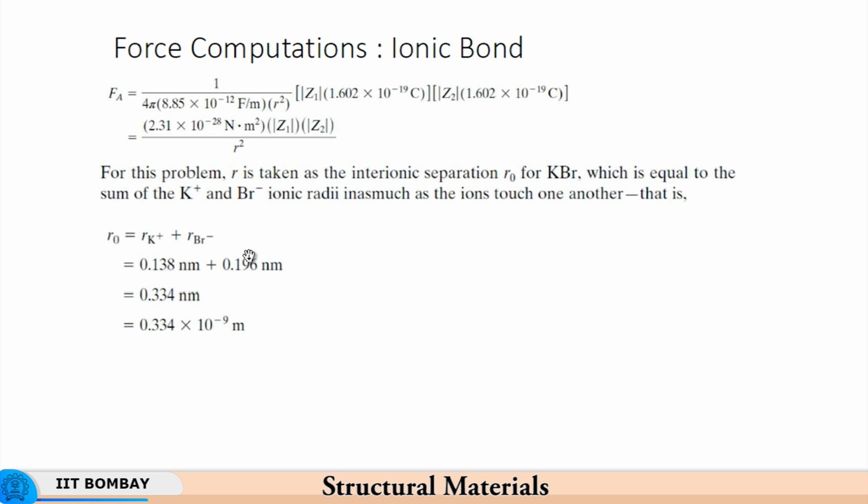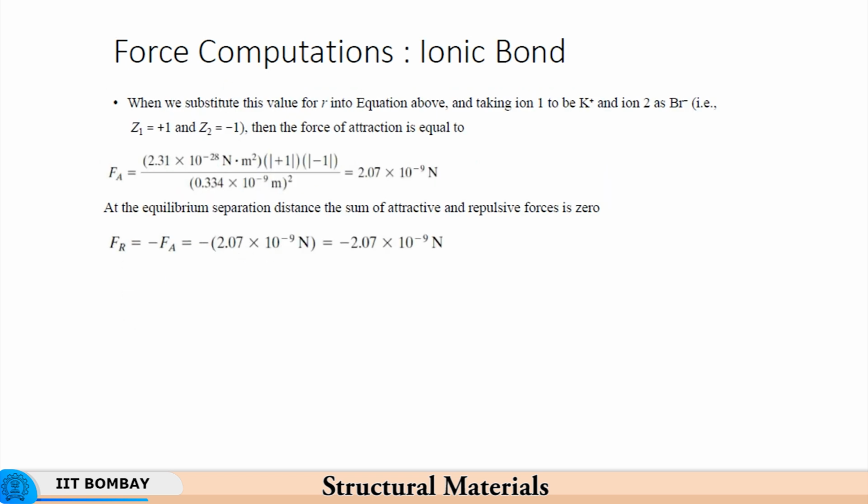And then if we assume that the position of stability of every ion is such that the two ions just touch each other, then R naught is equal to the potassium plus bromine ionic radii of the two, and this R naught is the position of stability for a given ion.